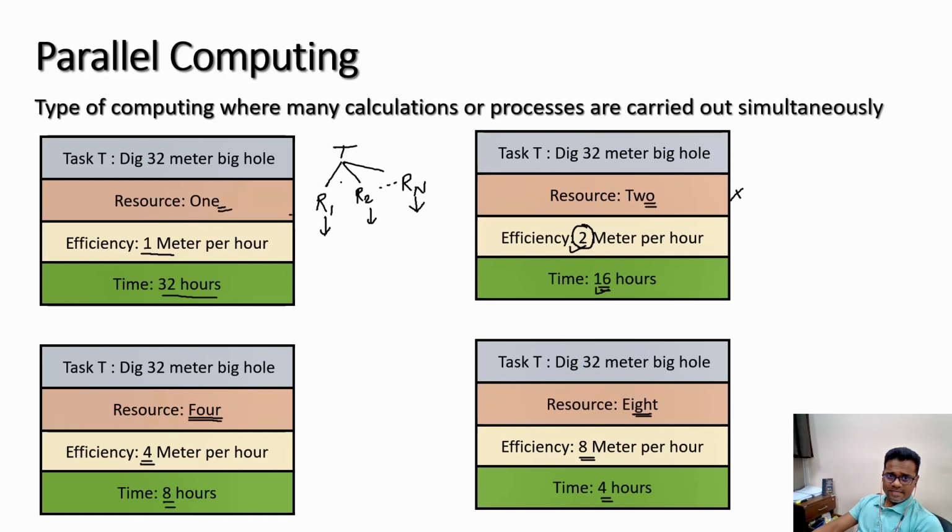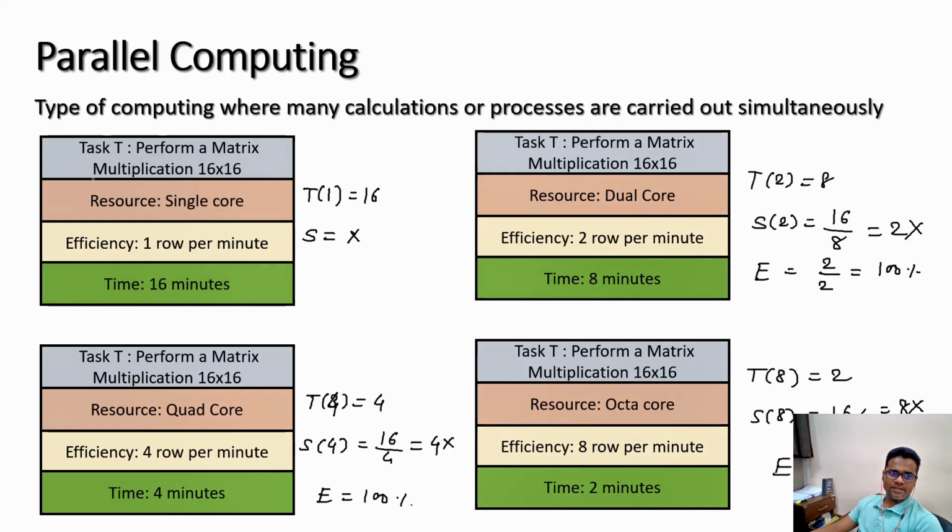Fine. Now we can relate the same thing to computers. Again I have a task T, which is performing matrix multiplication of 16 by 16 matrices. The resource here is the number of cores, and in this case I have a single core. Assume the efficiency is 1 row per minute.